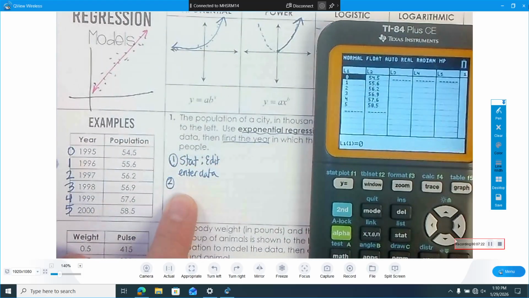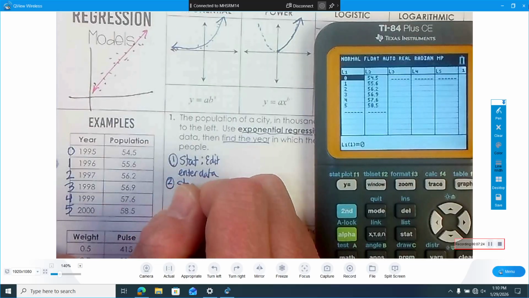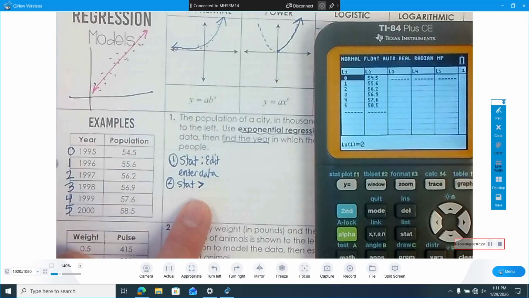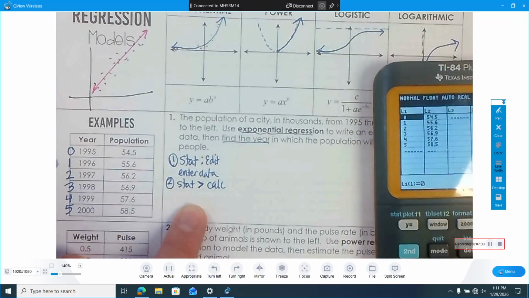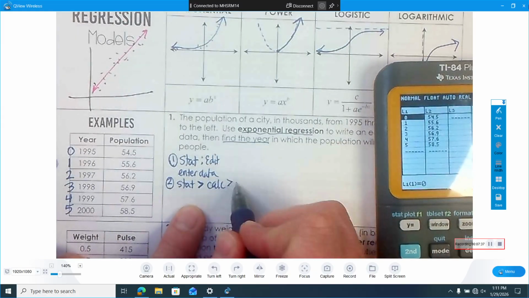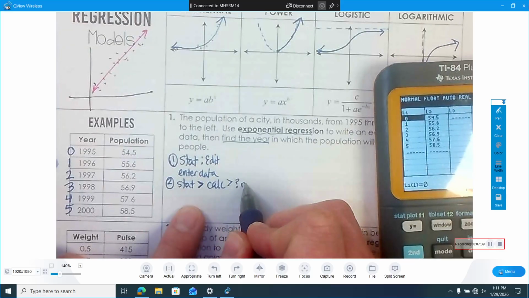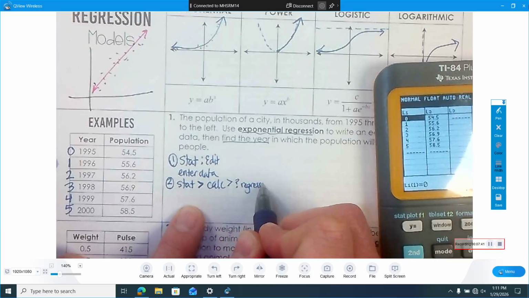Then the second step is to go back to Stat. But now we're going to go to the Calculate menu, and we are going to choose the regression that we are being told to pick.